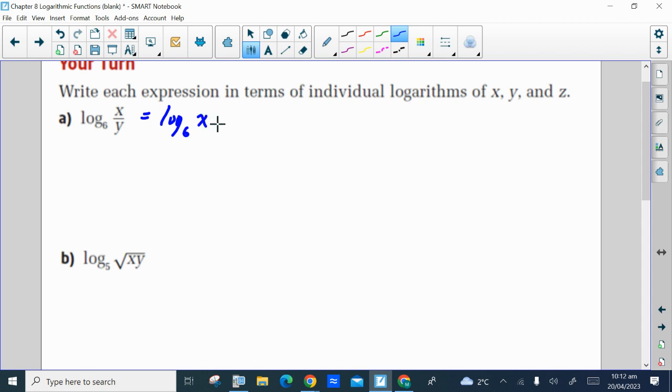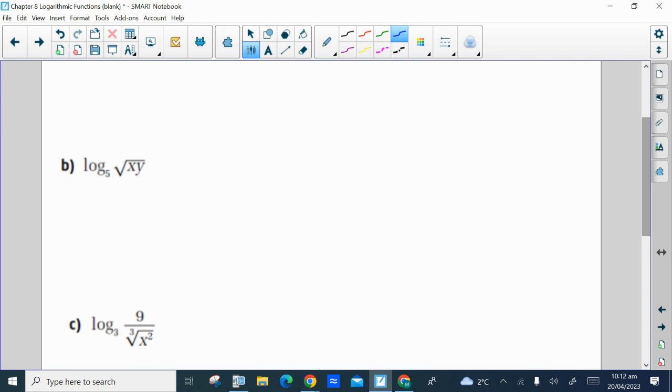The first one, because the argument is a quotient, we'll use the quotient law, which is the difference between the two individual logs. Now for question B, both the x and the y are raised to the power 1/2. So I first wrote it like that, and because those two are multiplied together, it'll be log base 5 of x to the 1/2 plus log base 5 of y to the 1/2.